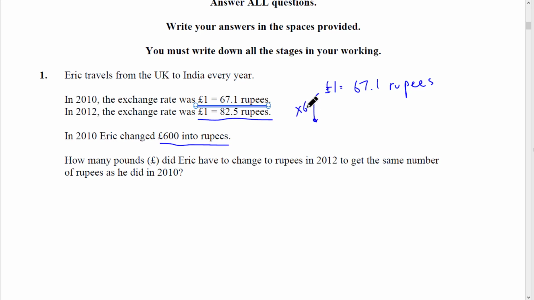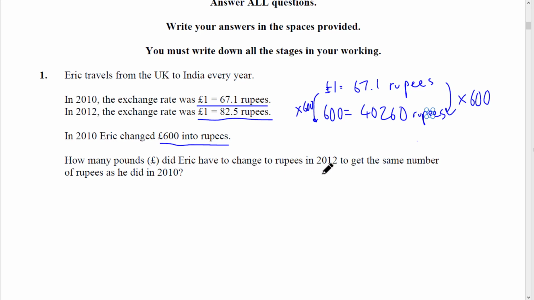That's times 600. So this would be times 600. Use your calculator. That is 40260.